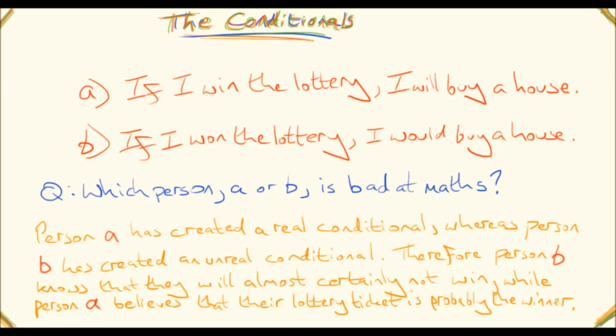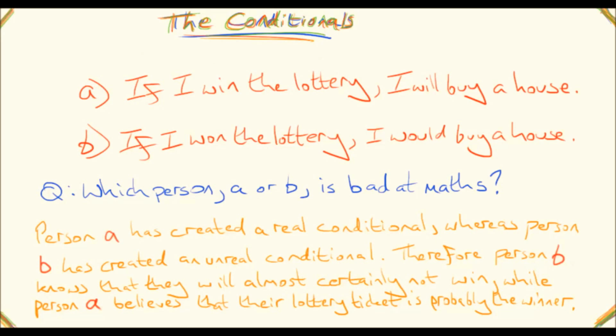So this is the important point, that it's how likely the person believes the condition to be, which would set up whether it's a real or unreal condition. It's not the actual mathematical statistical likelihood, but how real it seems in the person's mind.